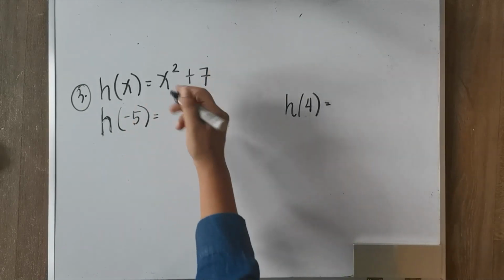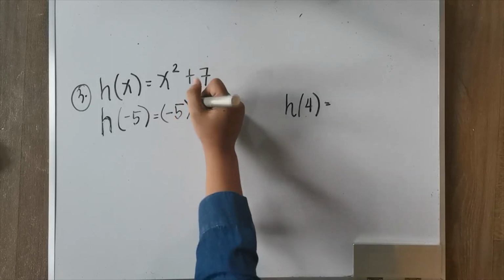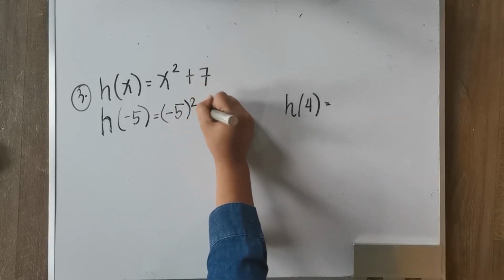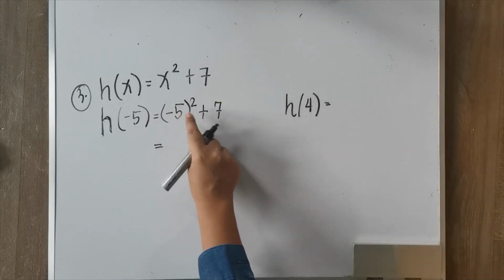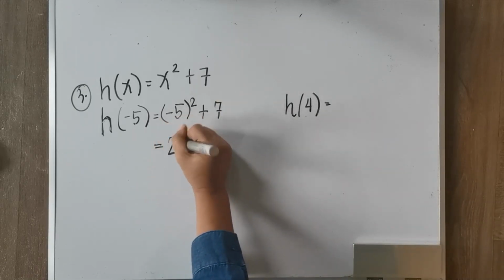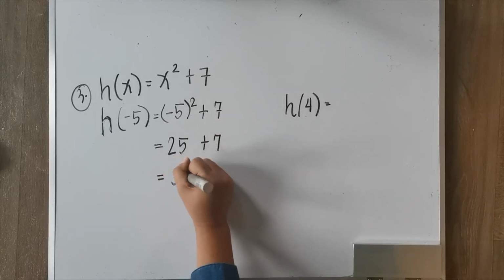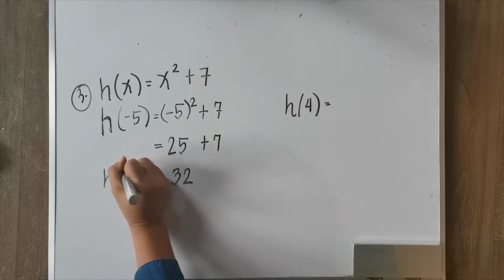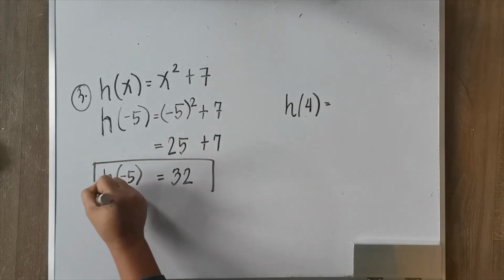So again, we will follow this function, but instead of writing x, we'll replace it by negative 5. We square the negative 5, then we add 7. Squaring negative 5 is 25 plus 7. You will get an answer of 32. So the final answer for h of negative 5 is 32.